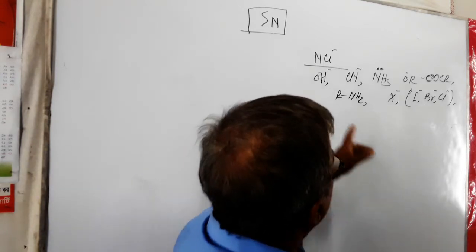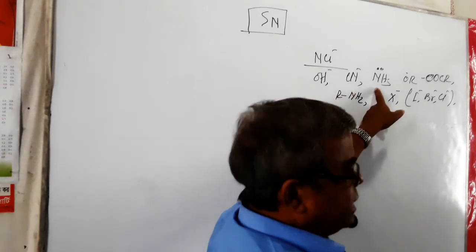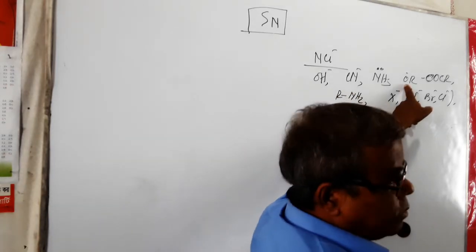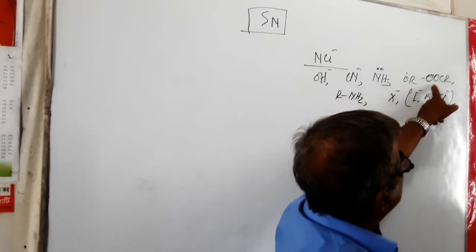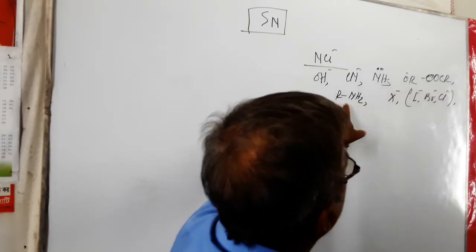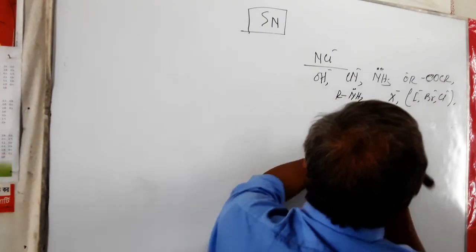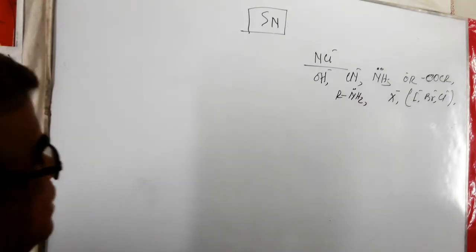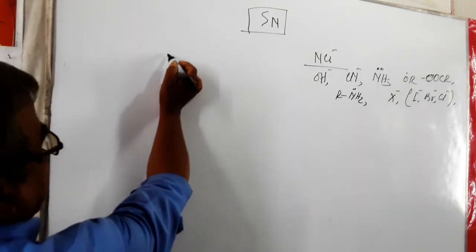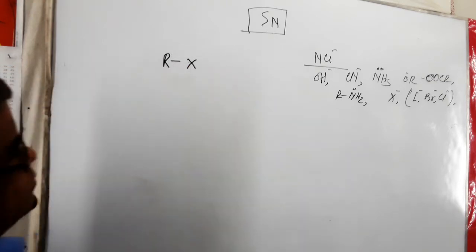Nucleophilic reagents may be hydroxide, that is hydroxyl, cyanide, ammonia, sodium ethoxide, acetate, alkylamine, halide, etc. Let us consider a reactant, alkyl halide.